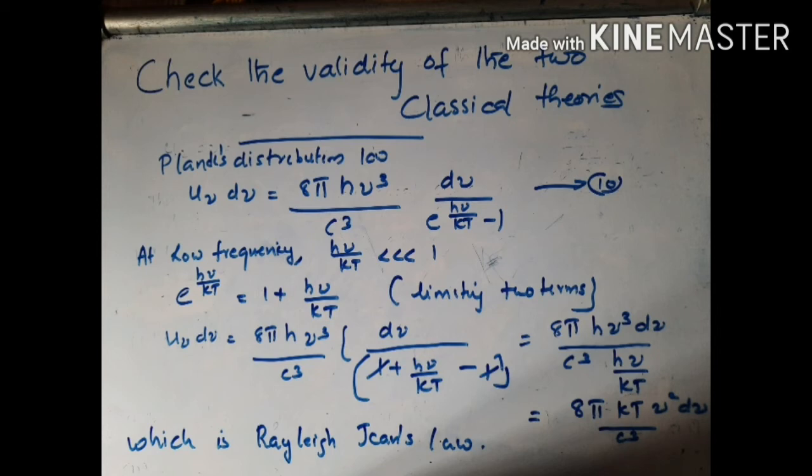Now considering low frequency, h nu by kT is very small compared with 1. Therefore, you know that e raised to x is equal to 1 plus x plus x squared by 2 factorial plus x cubed by 3 factorial plus etc. Similarly, e raised to h nu by kT can be expanded as 1 plus h nu by kT plus h nu by kT the whole squared plus etc. Since h nu by kT is a very small value, we can limit the expansion up to 2 terms.